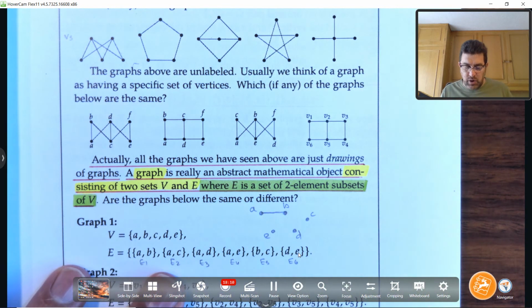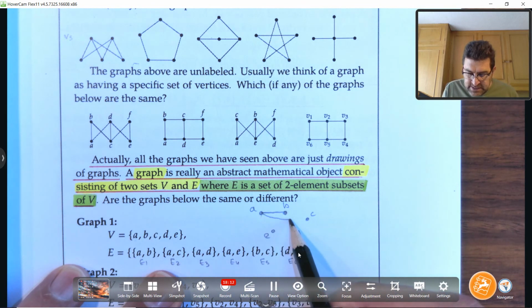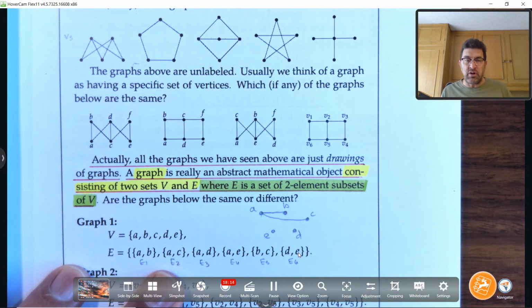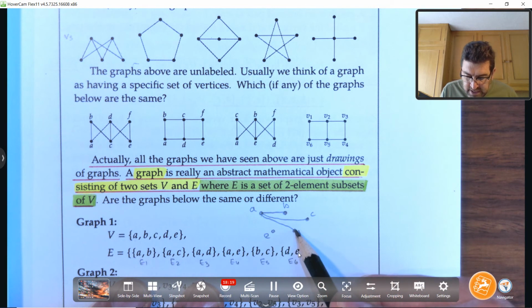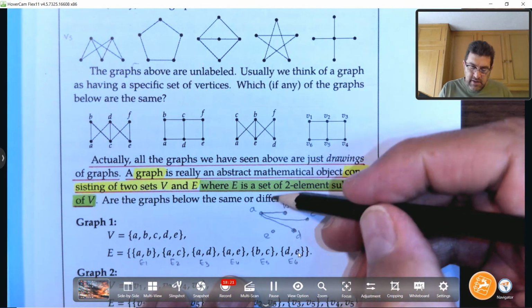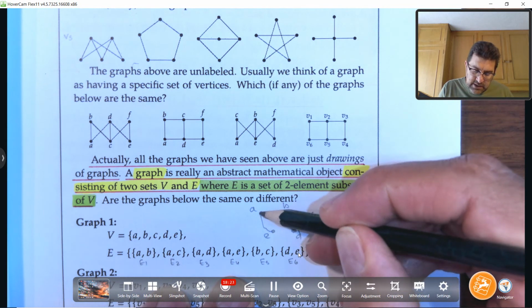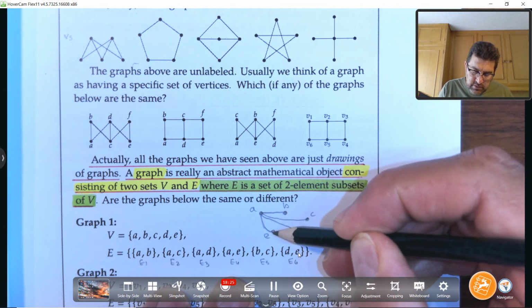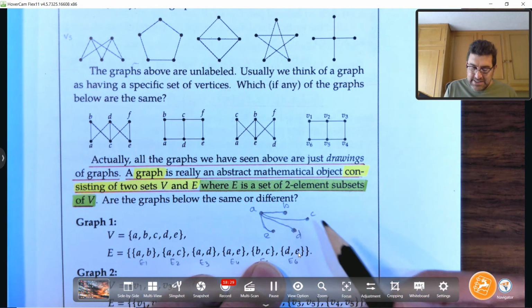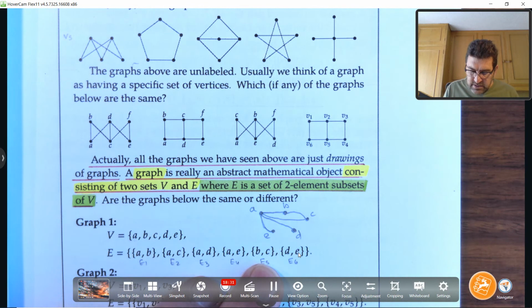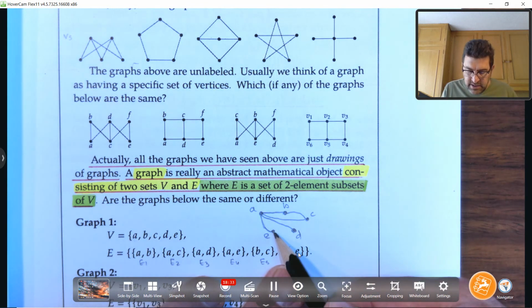So there's edge 1. AC is an edge. There's another edge on the graph. AD is an edge, so those two are connected, and so is AE connected. Sorry, that looks a bit cocky, so there we go. BC is connected, and then DE is connected.